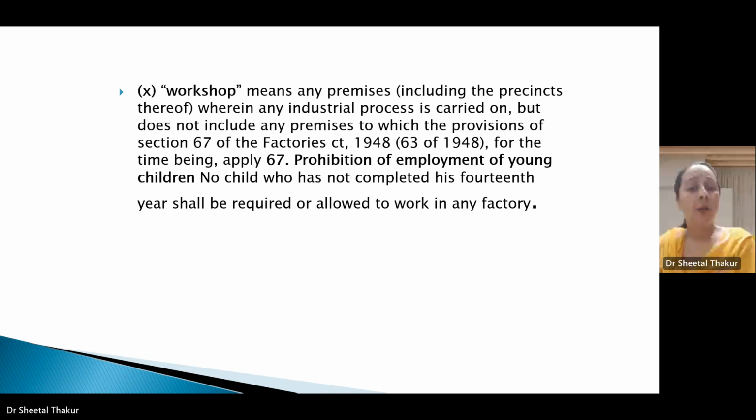Any adolescent will not be allowed to work in any hazardous occupation and processes mentioned in the schedule of this act, provided that discretionary power has been given to the central government to specify the nature which will be categorized as non-hazardous occupation and processes. So under this act, child labor is completely prohibited, but an adolescent is allowed to work in non-hazardous occupations and processes.